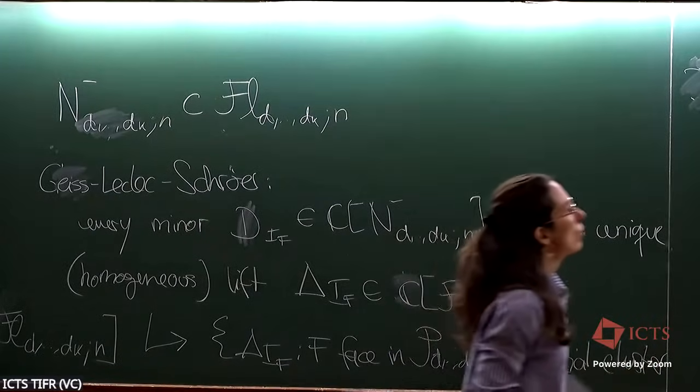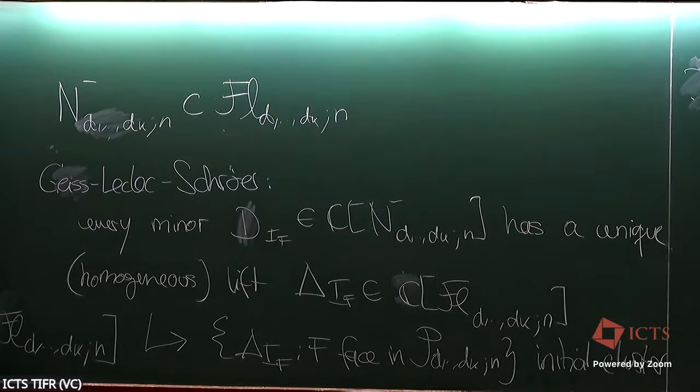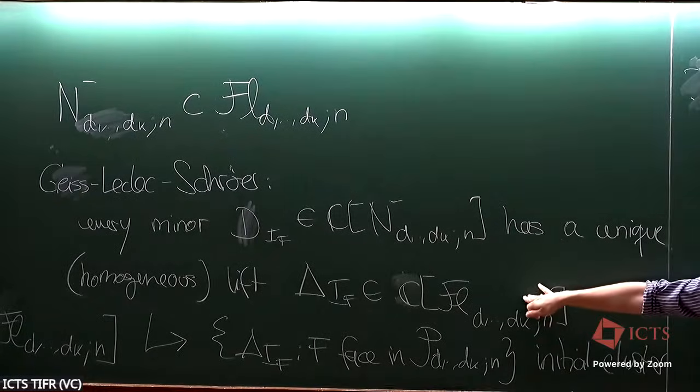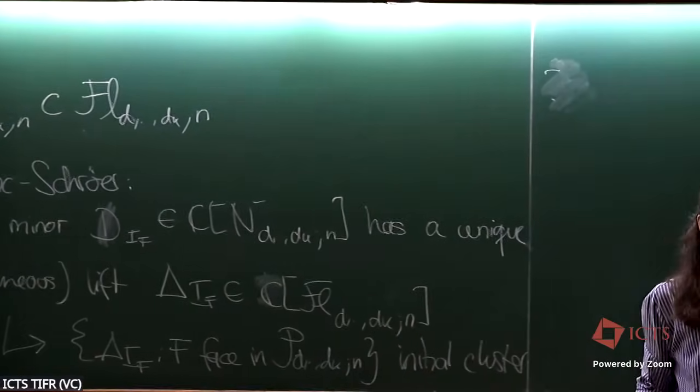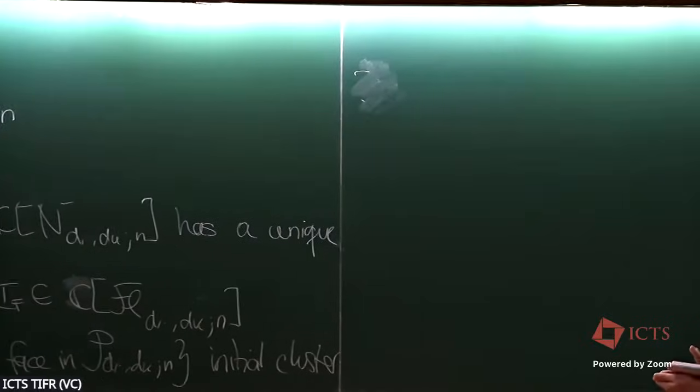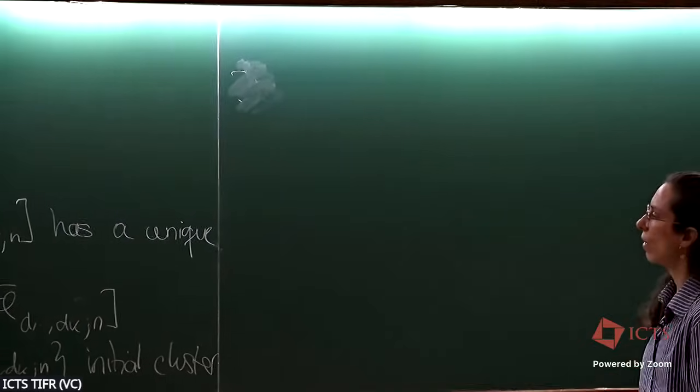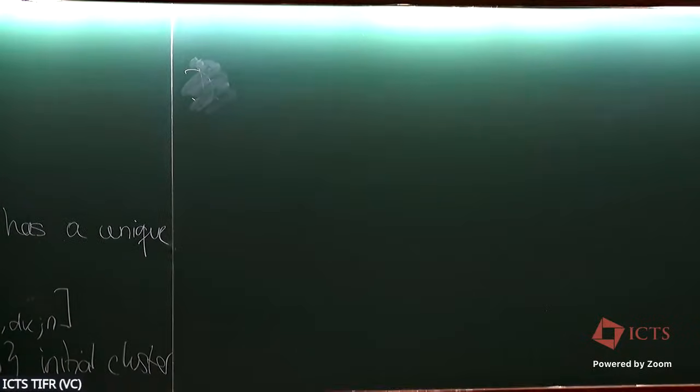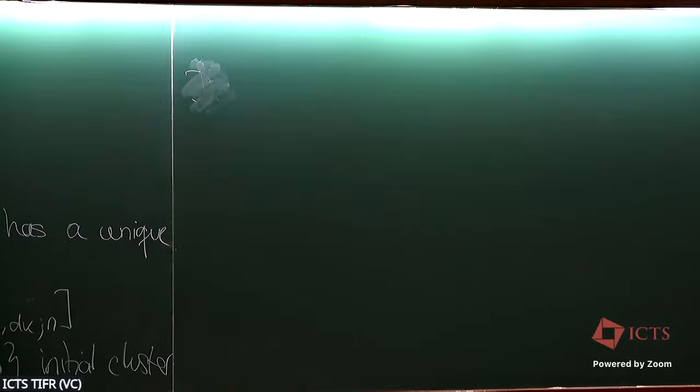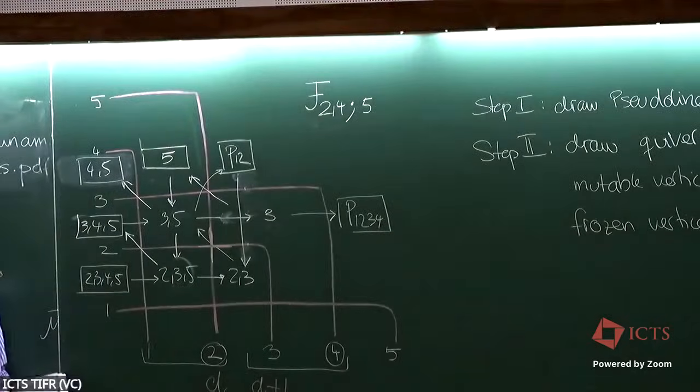Okay, so let's look at these minors and what they actually are in terms of Plücker coordinates in this algebra. So first of all, we can observe one thing about the index sets that we get here. And that is that they're always a union of 2 intervals.